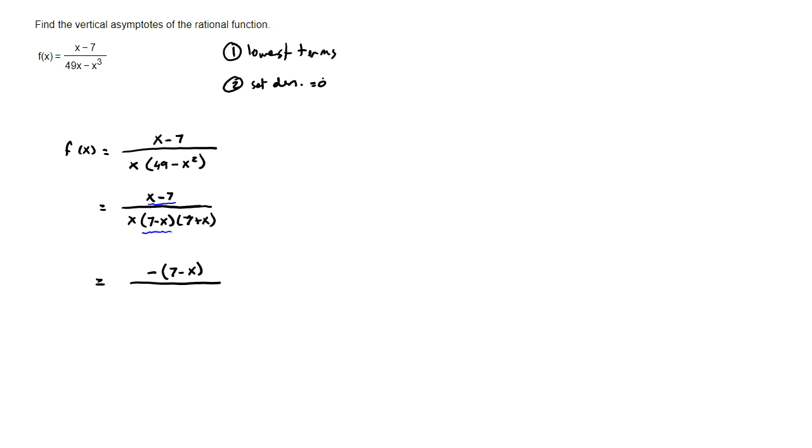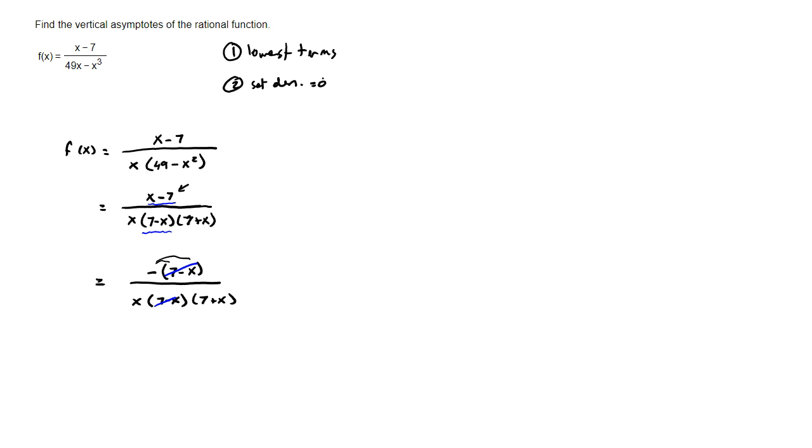And this way it would match the denominator. In that case, if you multiply the negative back in there, you get exactly x minus 7 back. So we can do that. It's kind of an algebraic manipulation that just helps us cancel some factors. So now those can be canceled.